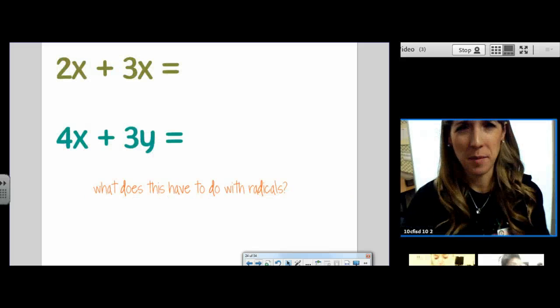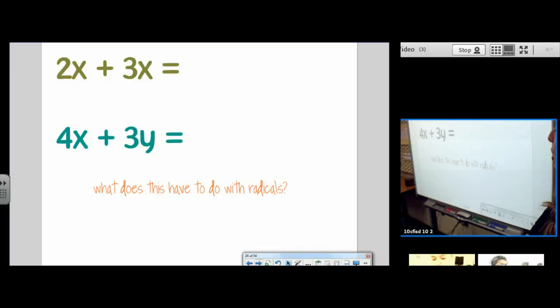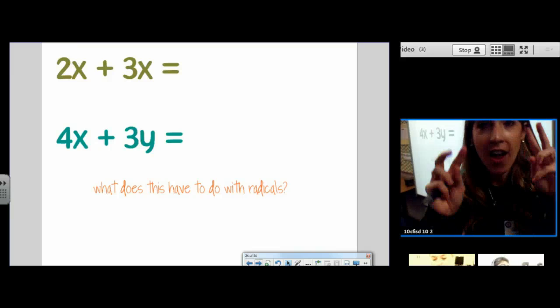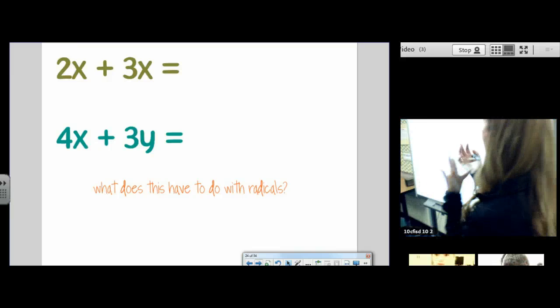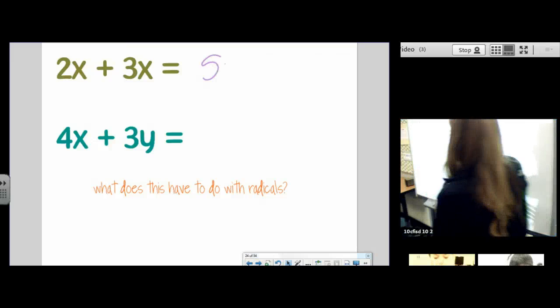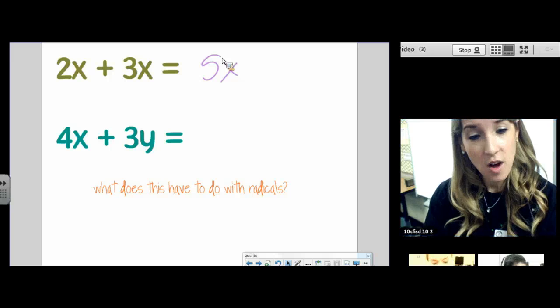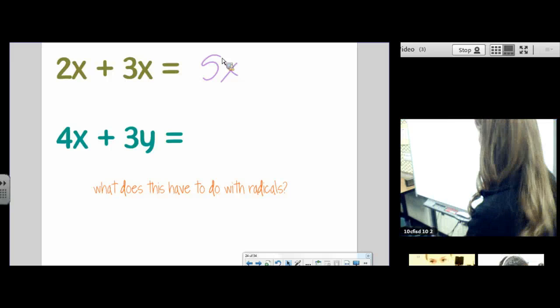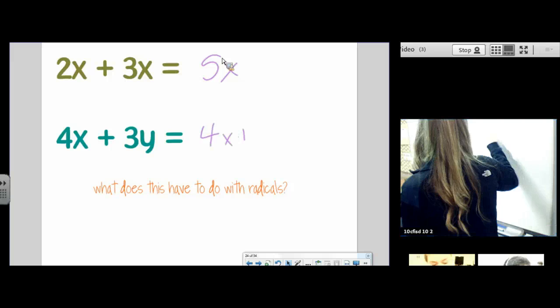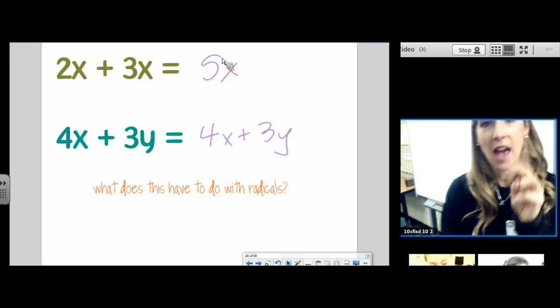Okay, we have a little bit more. Bear with me. What is 2x plus 3x? Well, those are like terms, so we can add them, and it is 5x. What's 4x plus 3y? Oh, no. It's just 4x plus 3y, because they're not like terms.